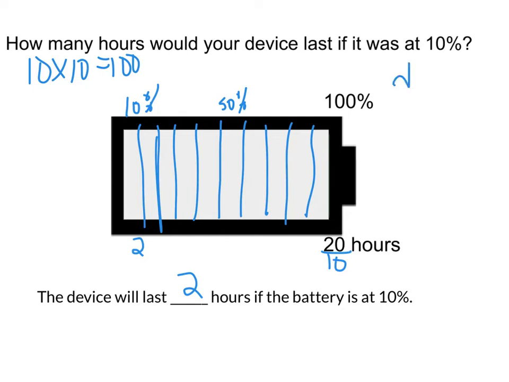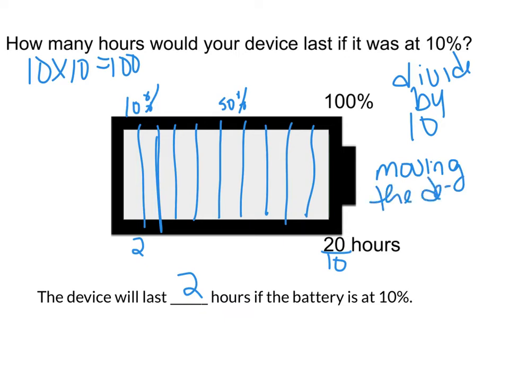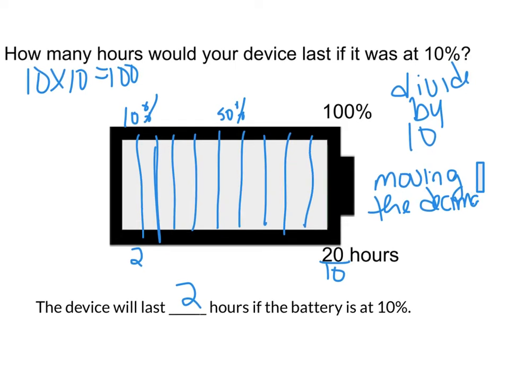So divide by 10 is the same as moving the decimal one time to the left. So because you're dividing, you're moving to the left. So you're making the number smaller.